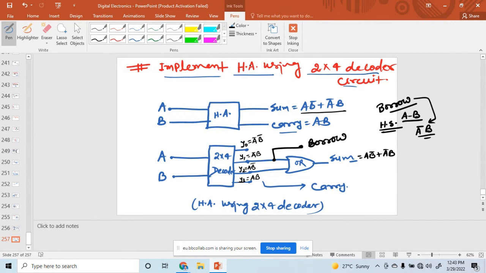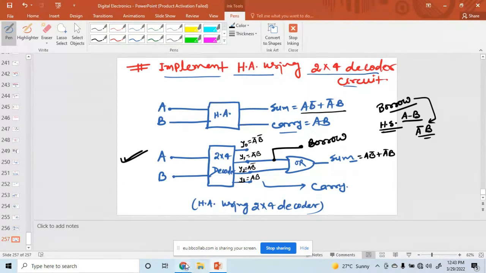So you can implement a half adder or half subtractor using a 2 to 4 decoder. This is your circuit. Does anyone have any doubts, any query?